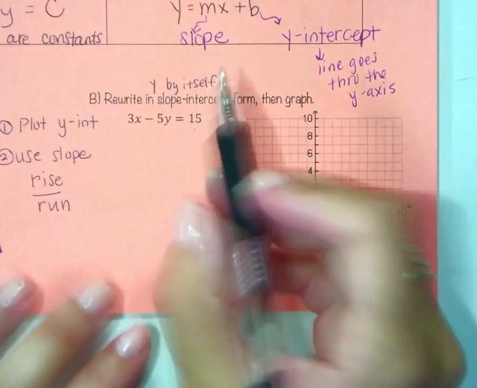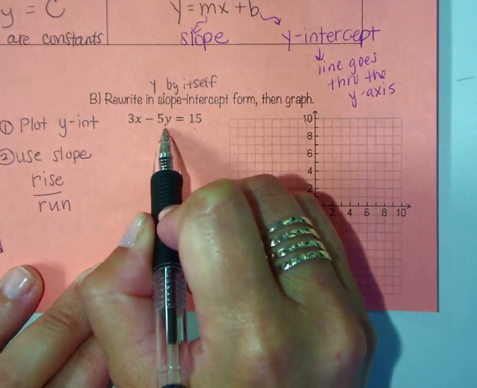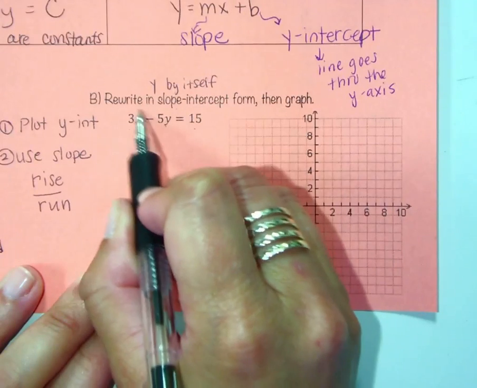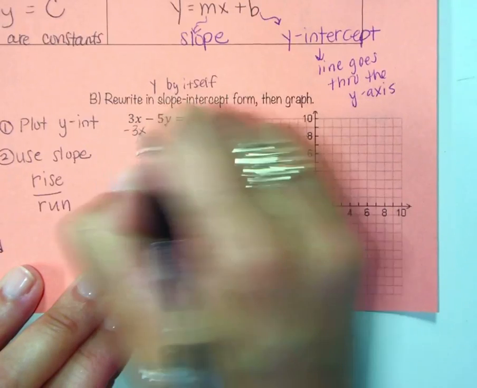Okay. All right, so when we are looking at this, our goal is to get that y term by itself. The first thing that we need to move to the other side of the equal sign is that 3x. So we are going to do that by subtracting.